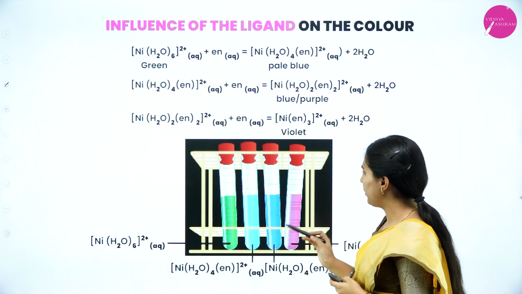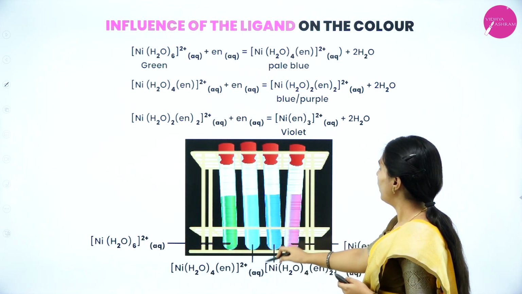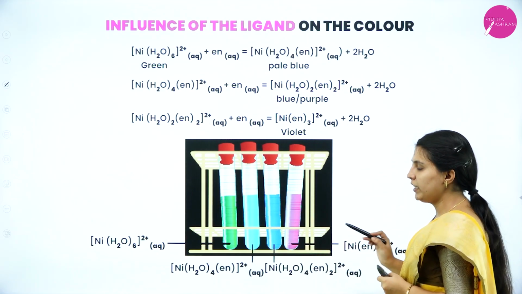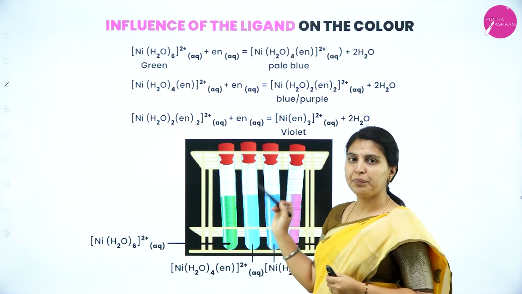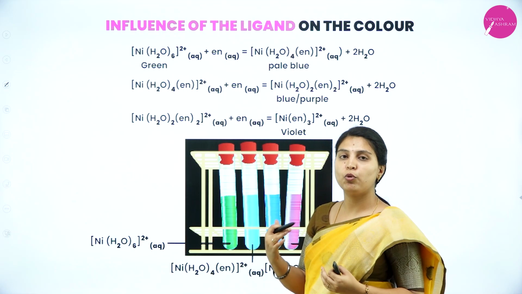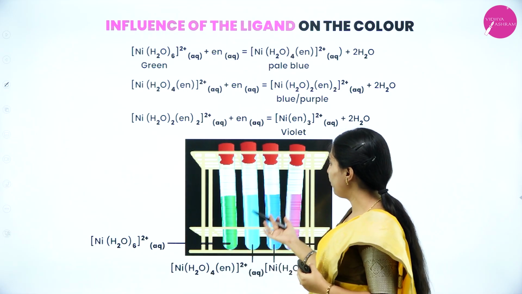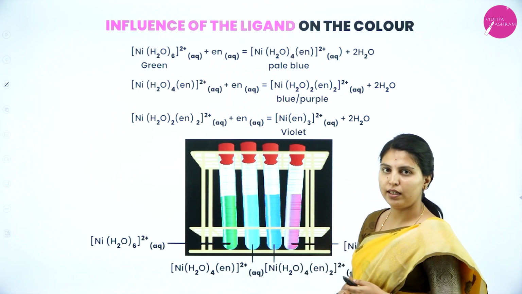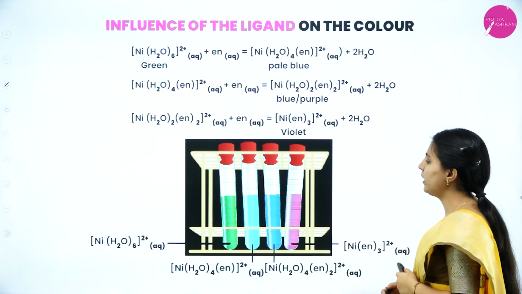First it will be green, next pale blue, next blue or purple, later violet. This proves that due to the presence of ligand, if you add it progressively in molar ratios to the complex, it will change color from one to another. This is the influence of the ligand on the color.